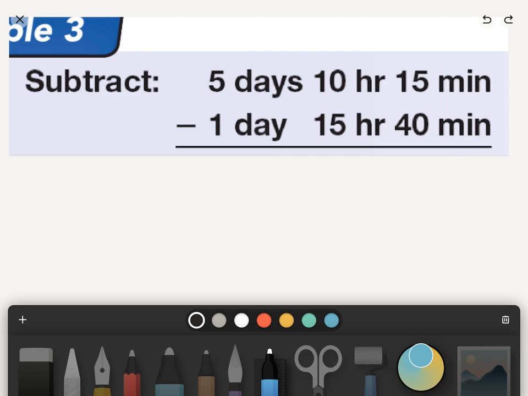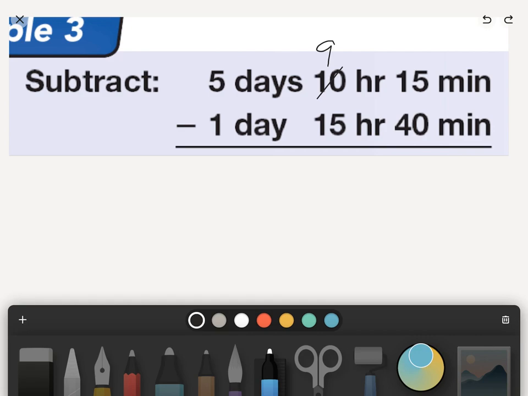So I can take 1 hour. This is kind of like the subtraction with the fractions thing. If I took 1 hour and brought it over here, how many minutes would I add to my 15 minutes? Are there 540 minutes in an hour?